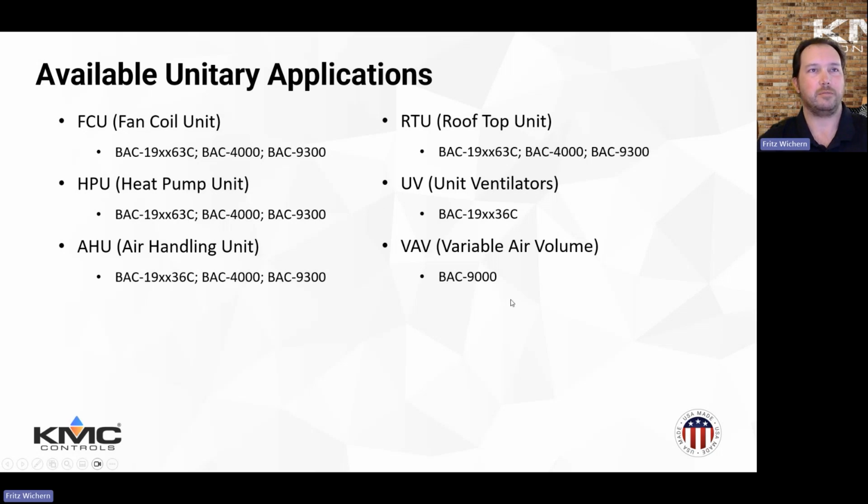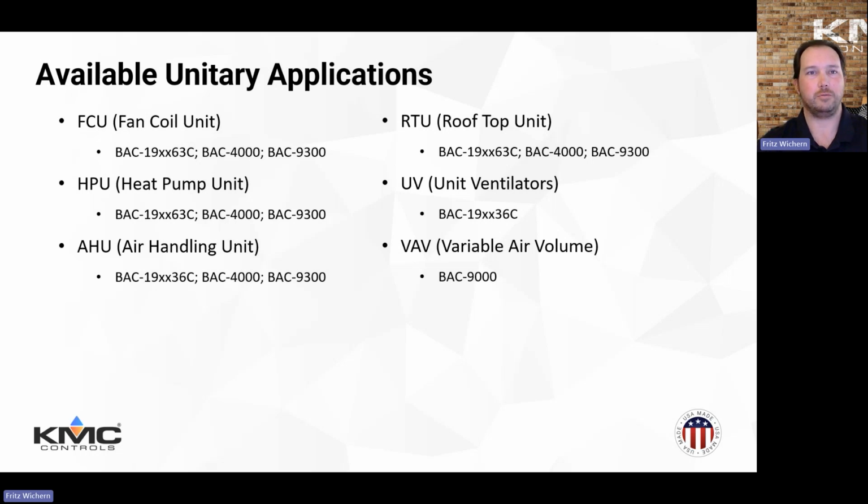And then, of course, the VAV application can roll into the BAC-9000, or it can actually be run through the 9300 series controller, a little typo there, to be used that way.